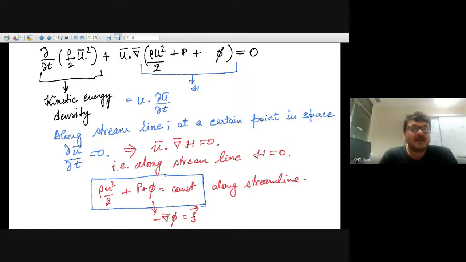Now this is the kinetic energy, and if you have a steady flow, then along a streamline, at a certain point in space, what you have is the kinetic energy density. And this can be written as u dot del u del t, and along a streamline, steady state, del u del t equal to 0, right?